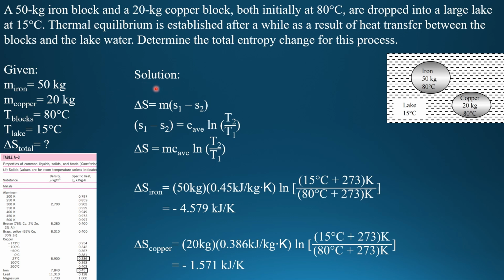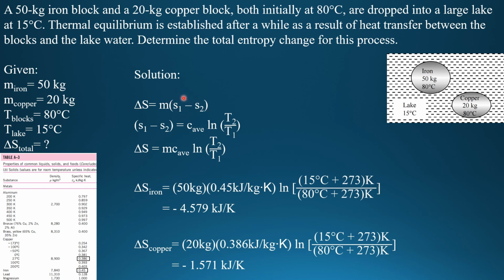Here is our solution. We have the equation of the change of entropy, that is equal to mass times the specific entropy at state 1 minus specific entropy at state 2.